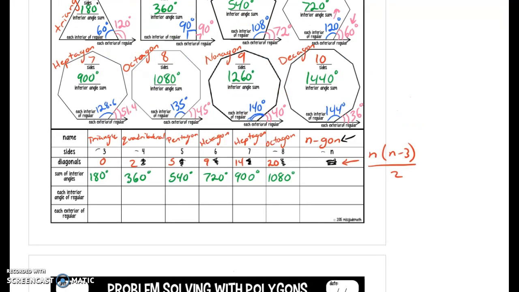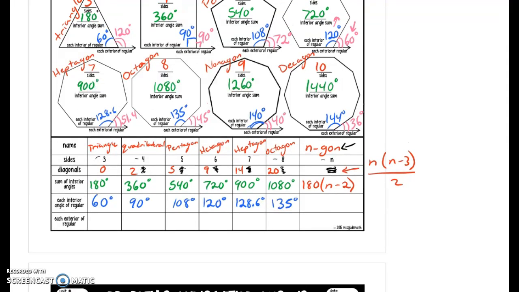So here are the sum of the interior angles. The equation to find out, no matter how many sides the shape has, is 180 times the number of sides minus 2. You can go ahead and try that for any shape to see if it works. So each interior angle of a regular polygon is listed.